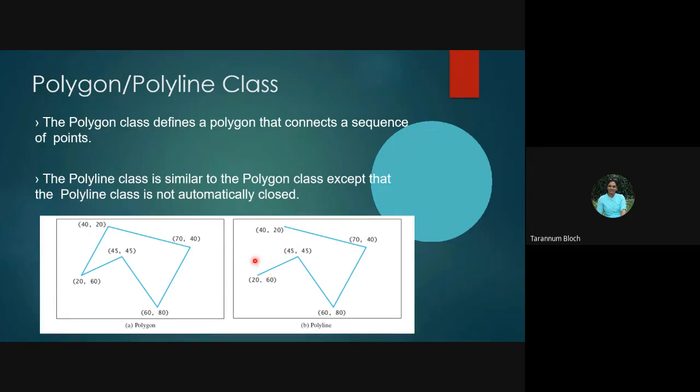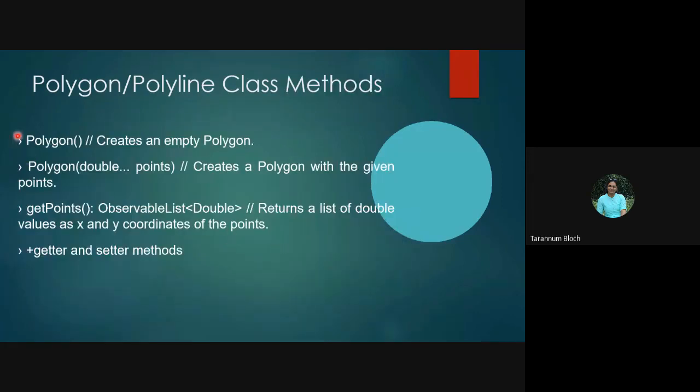It is open, whereas polygon is closed. That's the only difference we have, right? So we have polygon. We can go with the polygon points. You can give as many points as you want in a comma separation. We have the getter method and setter method. We can go with the getPoints method. It will give a list of all the x and y coordinates of your points, right? So that's it about the shape class.